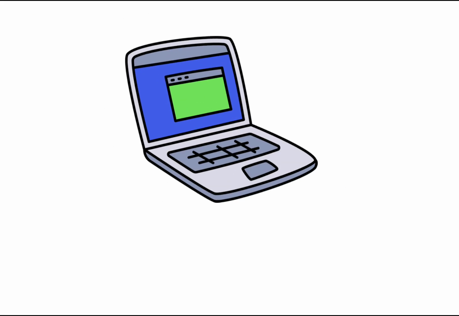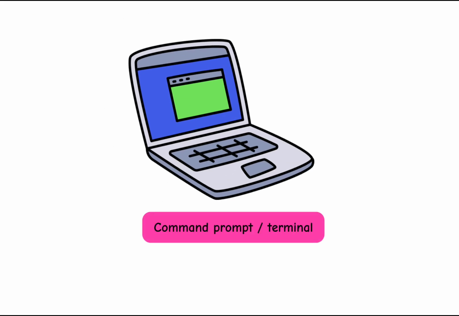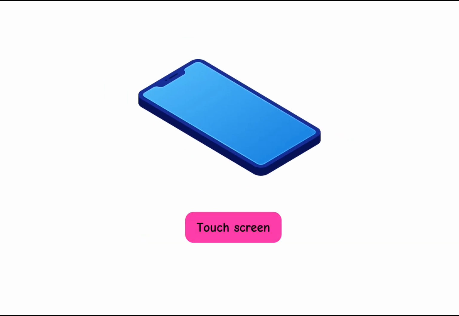The operating system helps us run application software through several ways, such as command prompt or terminal. We also have graphical user interface applications that we can use through mouse or touch screen.